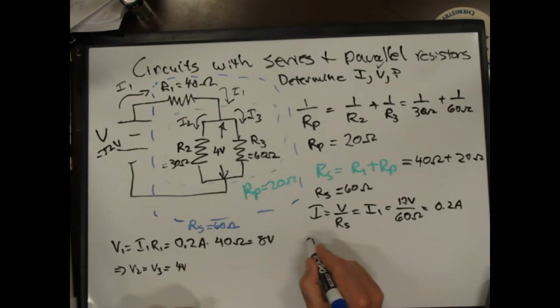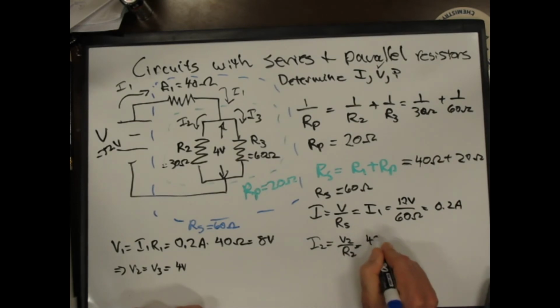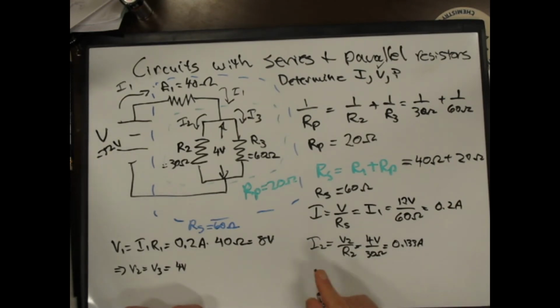And now calculating I2 is just V2 over R2, which is 4 volts over 30 ohms, which is 0.133 amps. Similarly, I3 is equal to V3 over R3.